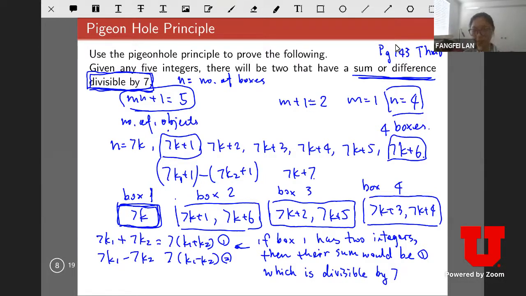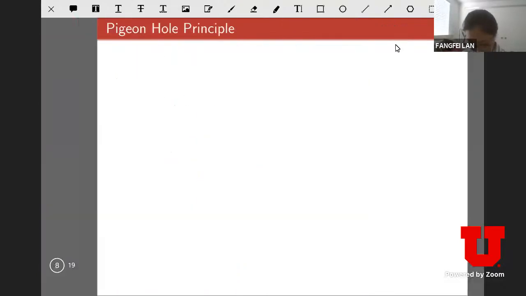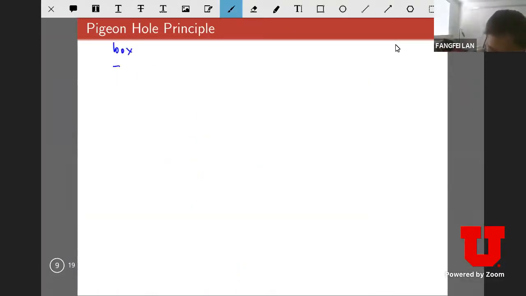And then you can say the same thing about their differences. So this would be their difference. So that's the first scenario. This is kind of a special case. Box 2, 3, 4 are similar in ways. So let me write this again.